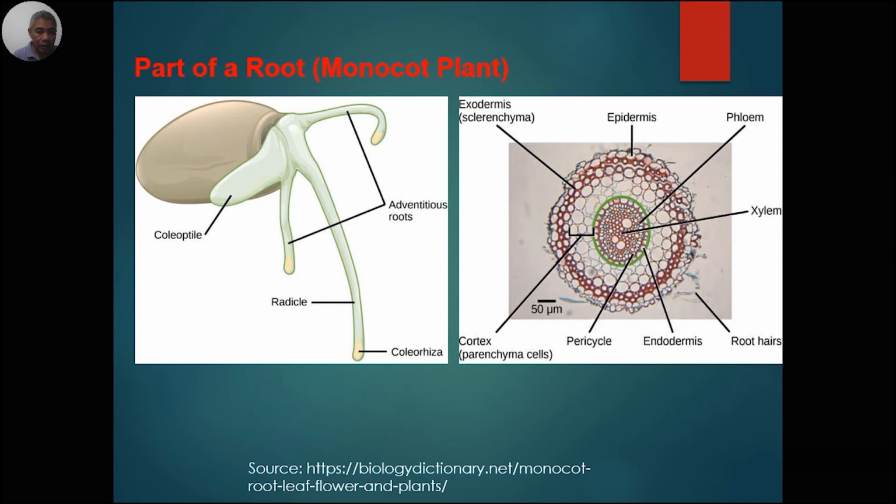And growing from any point of the radicle are the adventitious roots. This one and this one. And of course, there is a sheath covering the root of a germinating grass or cereal grain, which is what we call coleorhiza. This one.